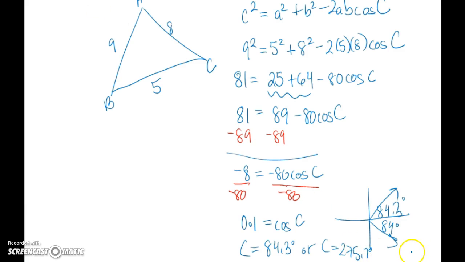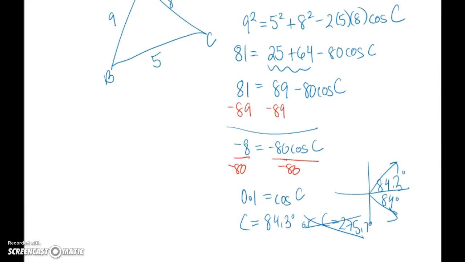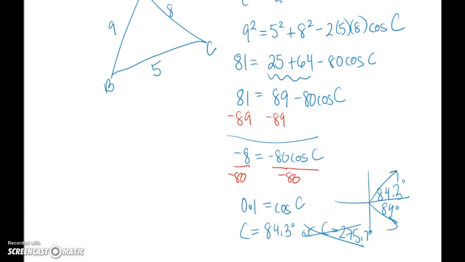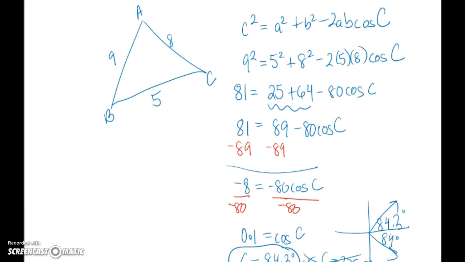Now, the quadrant 4 solution does not make any sense because it exceeds the total number of degrees in a triangle, right? Only quadrant 1 or quadrant 2 solutions make sense for angle measures in a triangle because those are less than 180. So we have one measure for angle C, it is 84.3 degrees.